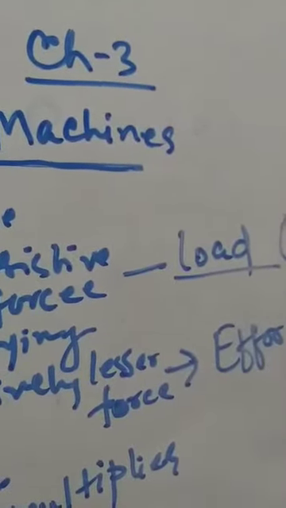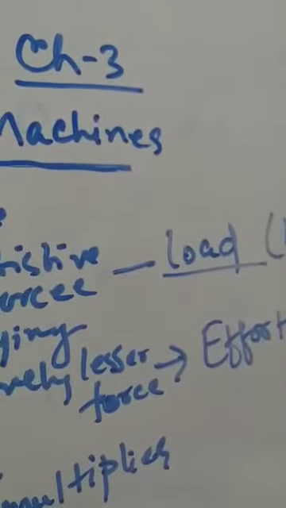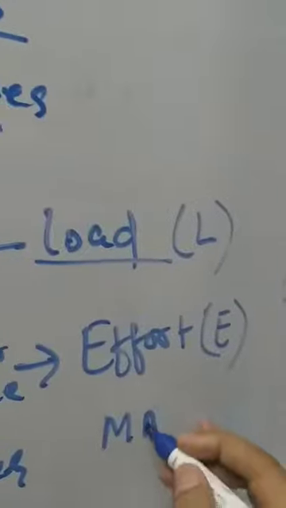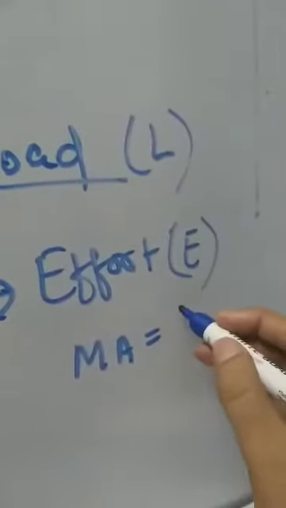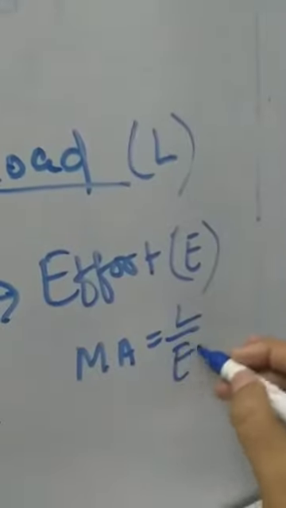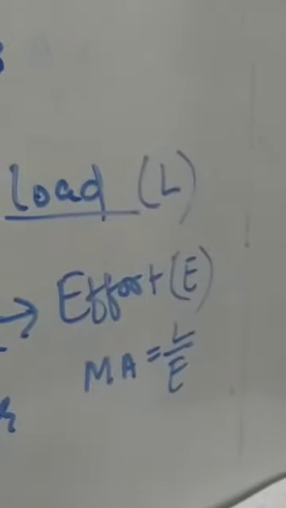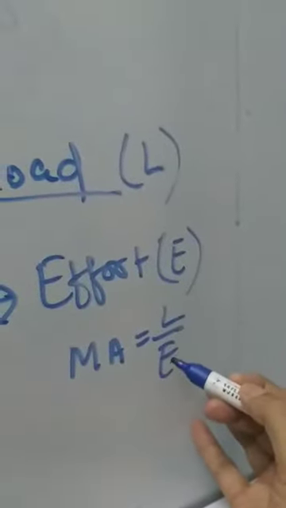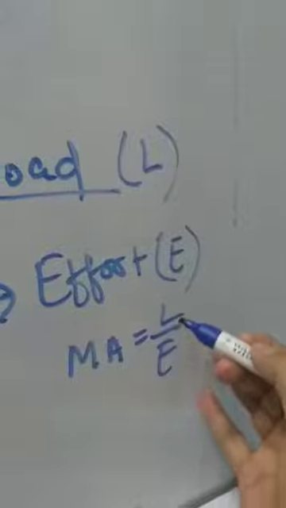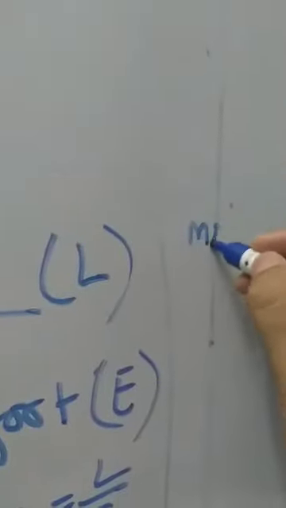So here the load I show by L, and the effort I show by E. Then mechanical advantage is given as the ratio of load to effort, L by E. Mechanical advantage is equal to L by E. Since L is a force and effort is also a force, both have the same unit, so mechanical advantage has no unit.